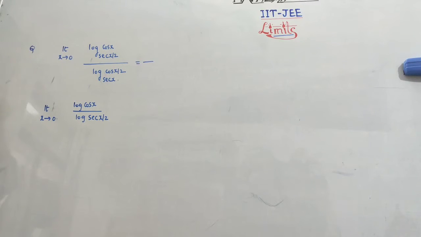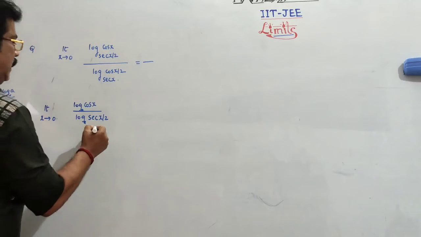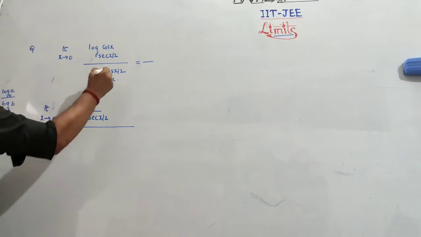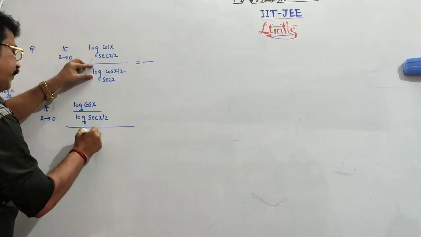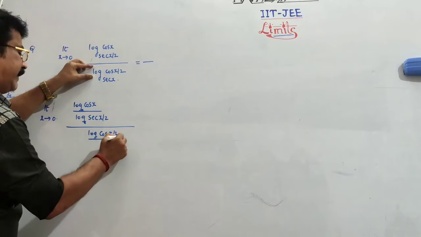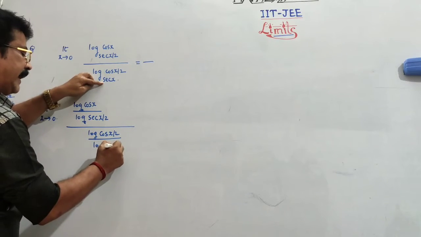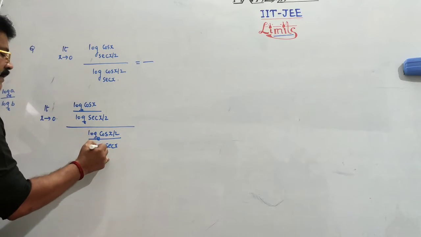Actually log a to the base b can be taken as log a divided by log b, base e. According to that formula, of course base e is to be understood. Next, whole divided by log of the number cos x by 2 divided by log of the base secant x, to the base e.